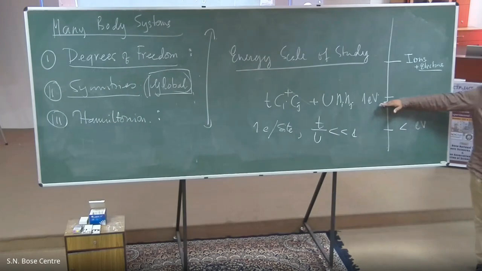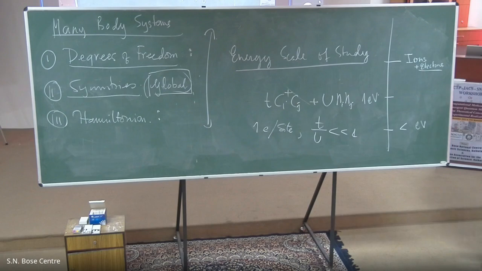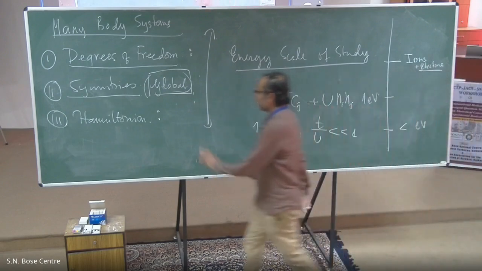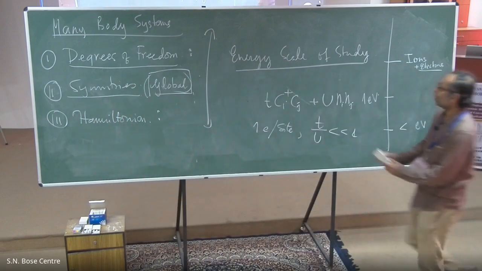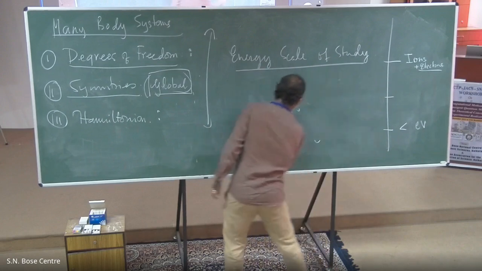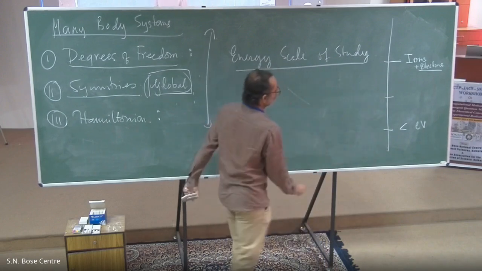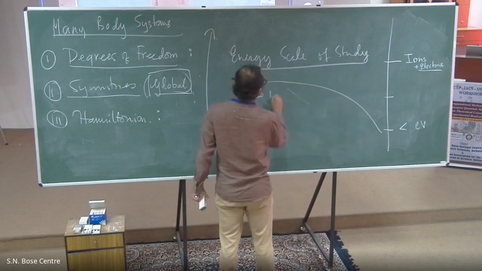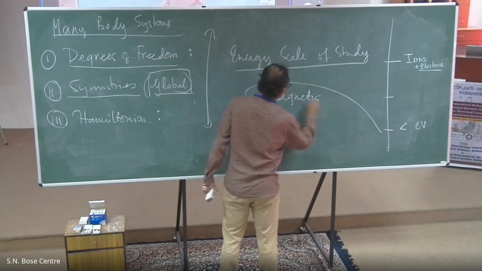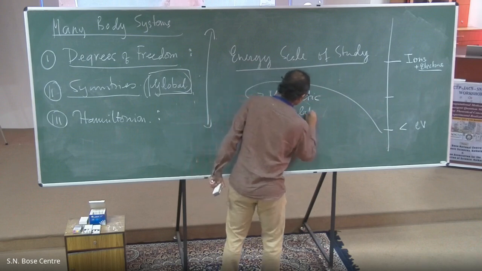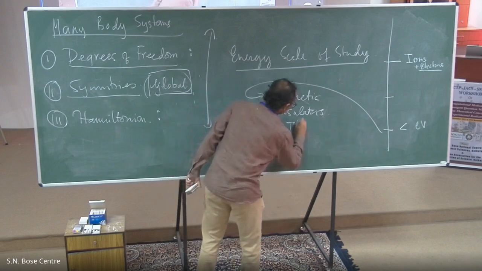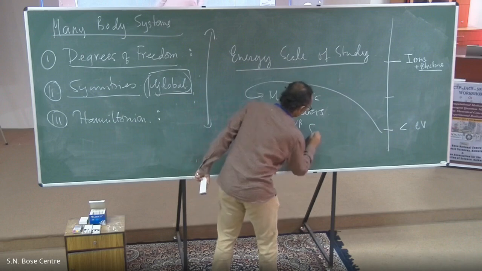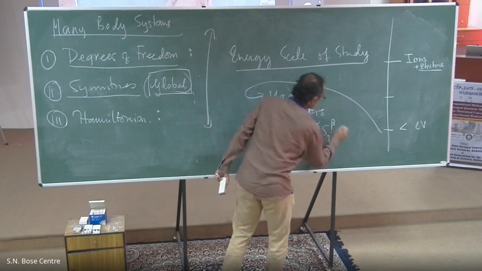So this is much below, more carefully, much below the charge gap. In that case, I already wrote down the Hilbert space. The Hamiltonian, which I'll now write down, is for magnetic insulators, the Hamiltonian for spin half.